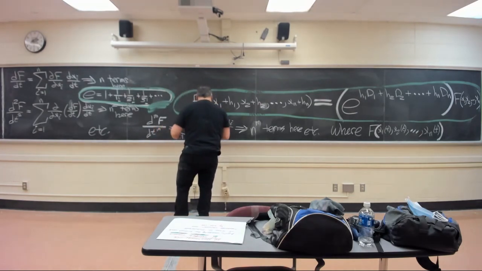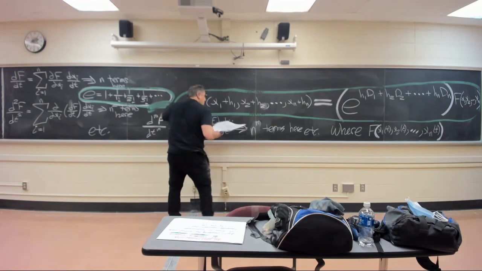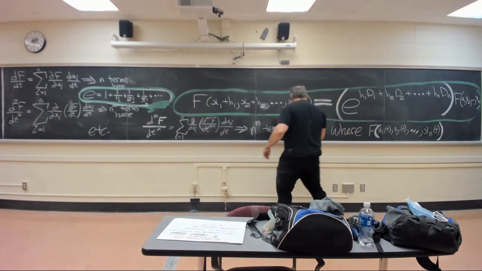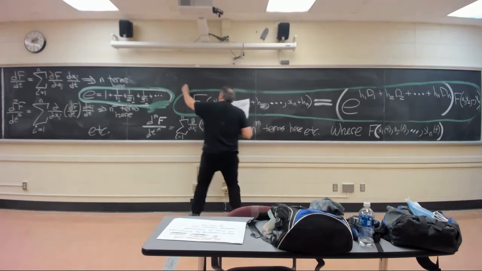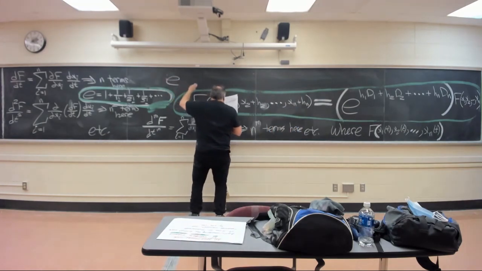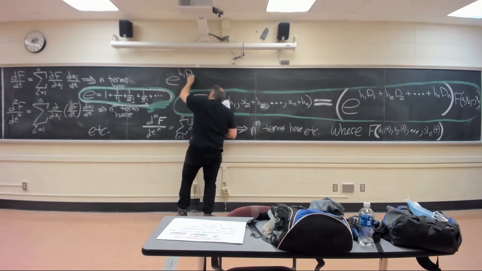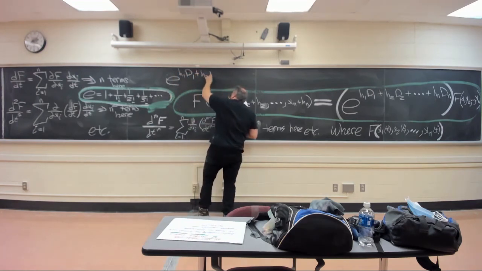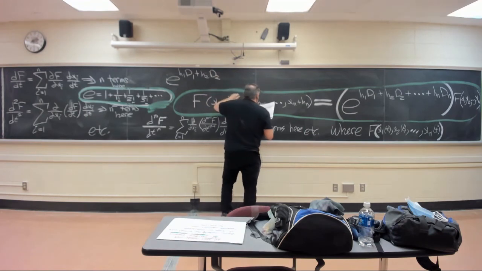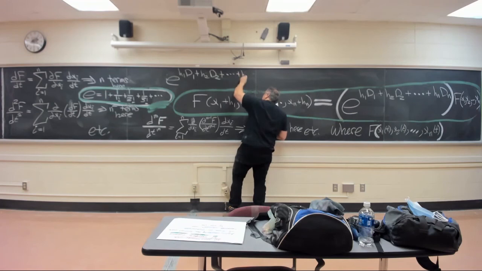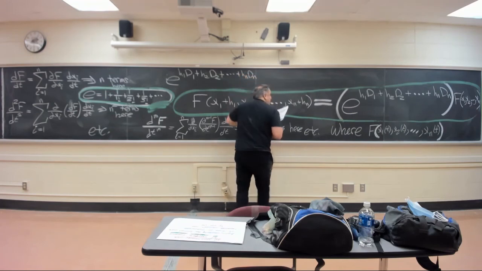So you're essentially, when you're doing this thing right here, it comes out to this e to the H1 D1 plus H2 D2 plus dot dot plus HN DN.